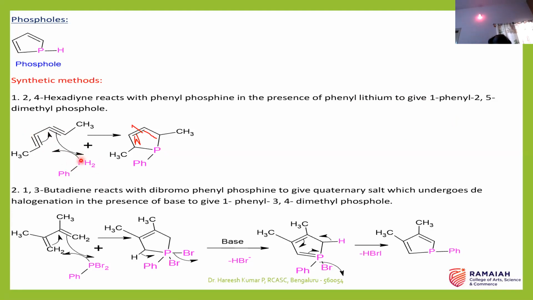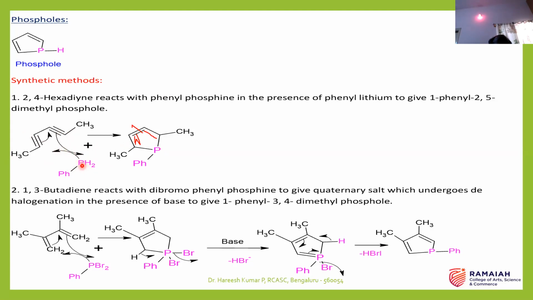Similarly, the lone pair present on the phosphine, or this bond pair, can attack, with H minus and H plus. Yes, that means the two bonds. More particularly, phosphine is having a P-H bond and a P-H bond, no? Two P-H bonds are there, no? Two bonds will be involved in bond formation.